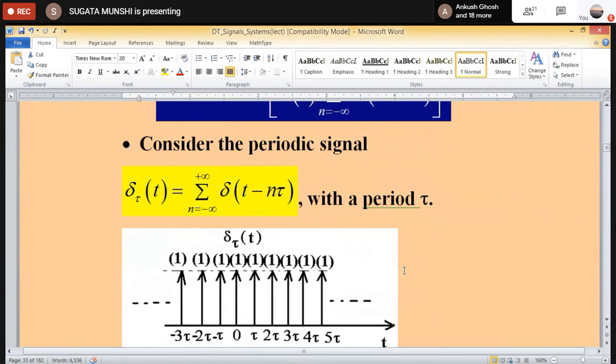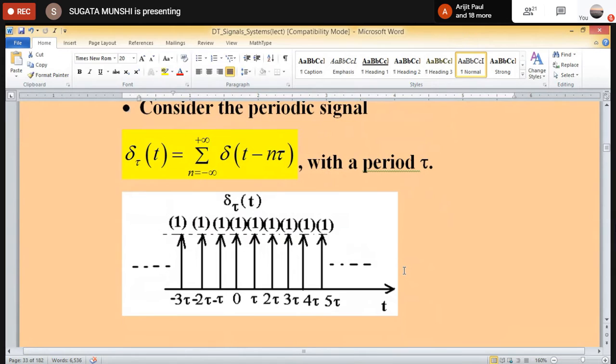So this is the periodic train of unit impulses, and it will have its Fourier series. If 1 by tau is the Fourier coefficient for 0, plus minus Fs, plus minus 2 Fs, plus minus 3 Fs, etc., what will be the Fourier series? 1 by tau into the summation over m equal to minus infinity to plus infinity of e to the power j m omega s t.